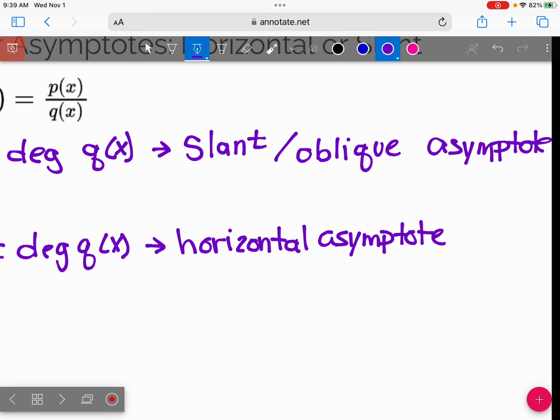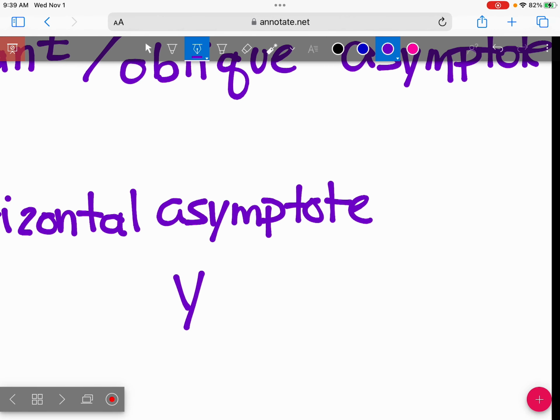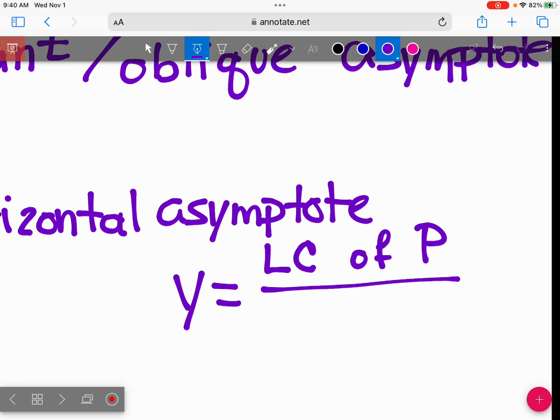And what it's going to wind up being is a line at y equals the leading coefficient. I'm going to put LC because I don't have a ton of space up here. Of P over the leading coefficient of Q. So whatever our number in front is.